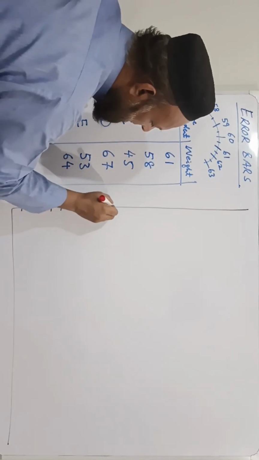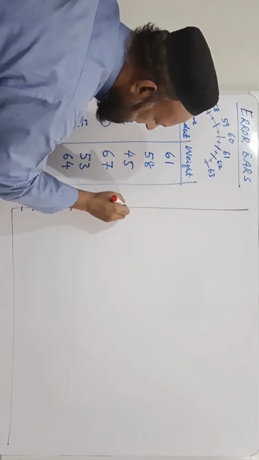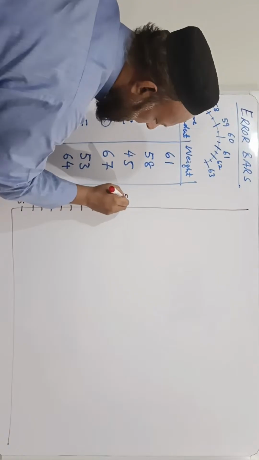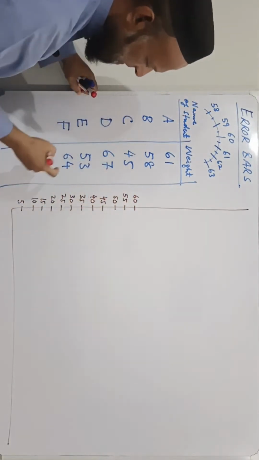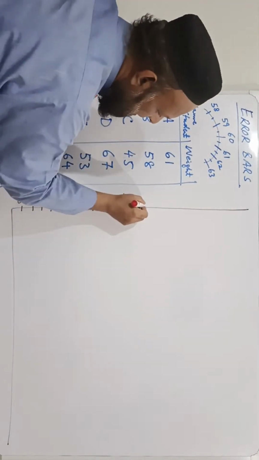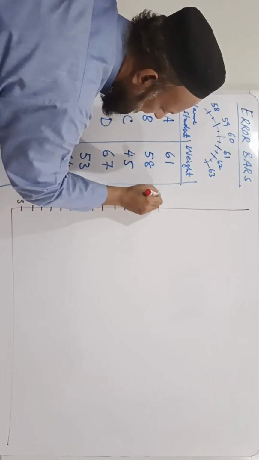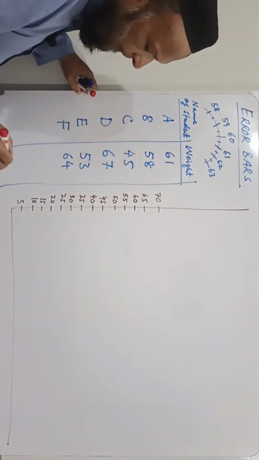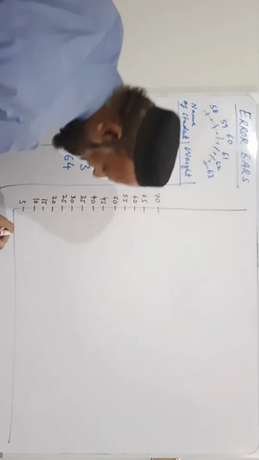This is what? This is weight along the vertical axis. 55, 60, and our maximum reading is 67. So we should have the reading till 70. Okay. And at the other side we have 6 readings.